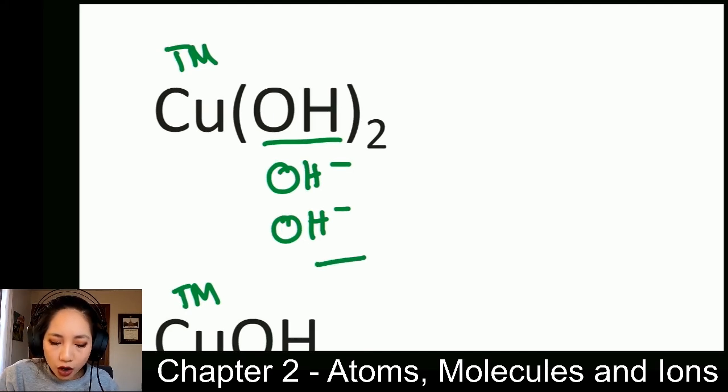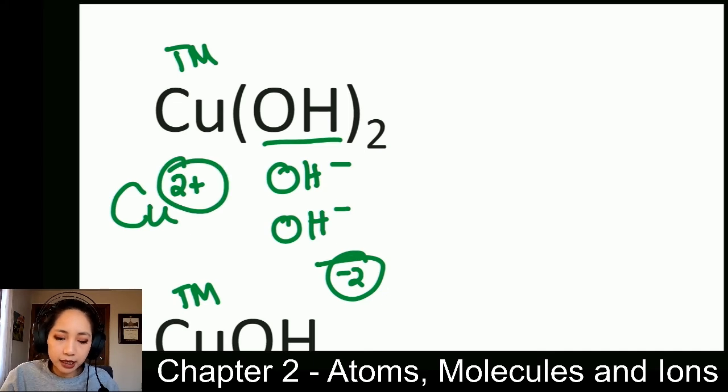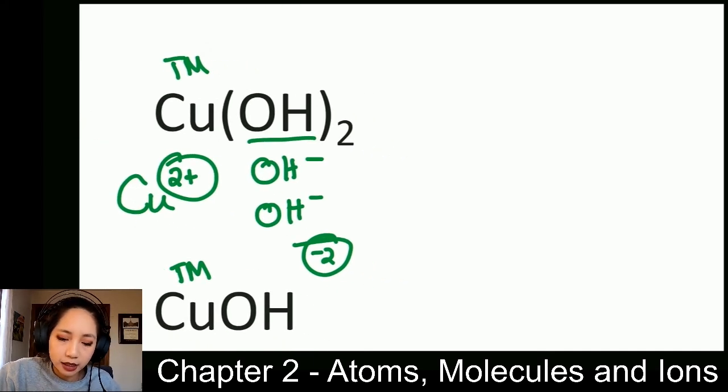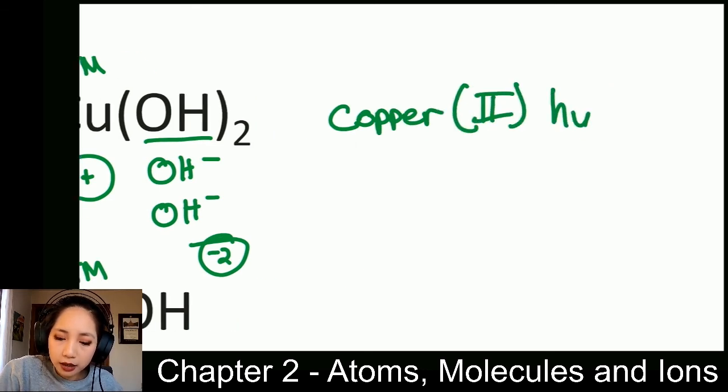So overall, this is a -2 charge since there are 2 hydroxides. To balance the anion charge, the copper cation must be 2+ in order to cancel it out. So to name this, using the stock system, it will be copper 2 hydroxide.